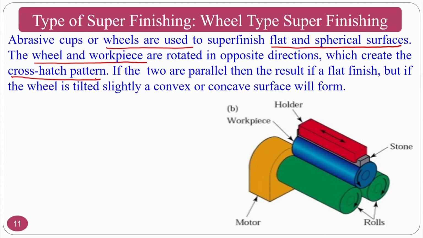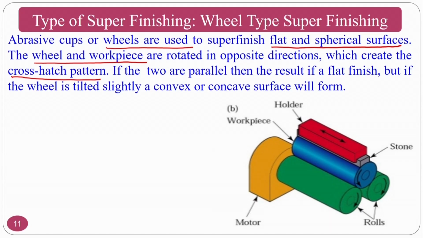Normally, you have seen the crosshatch pattern is generated in the honing process, because it goes like this and comes back in the opposite direction. So, along with the reciprocation, rotary motion is there, but the direction of rotary motion will be opposite when it is coming out. That is why you will get a crosshatch pattern.